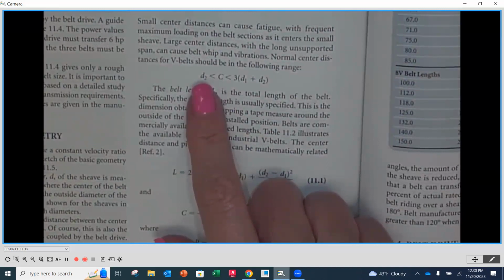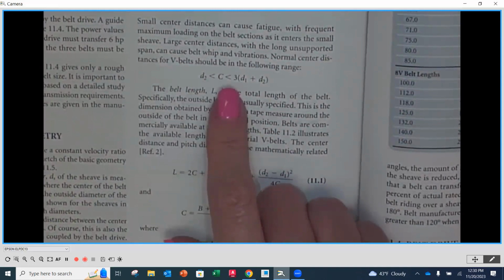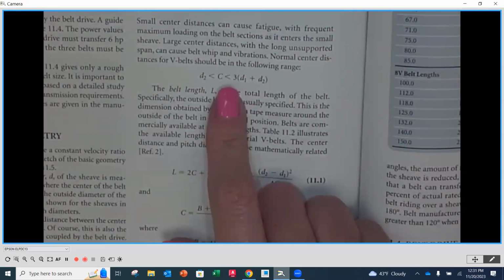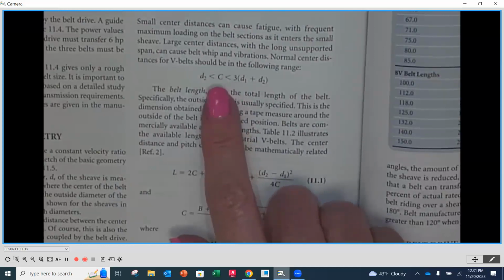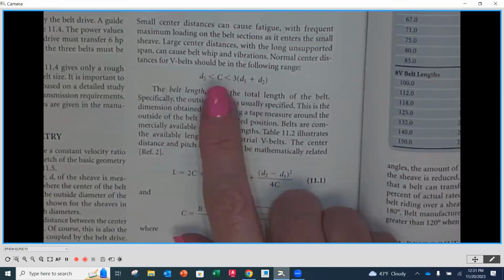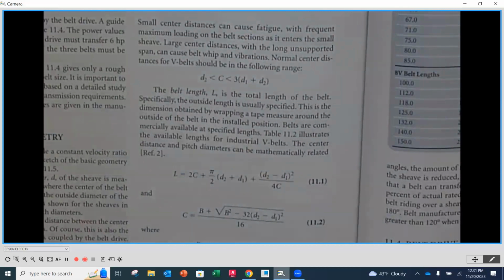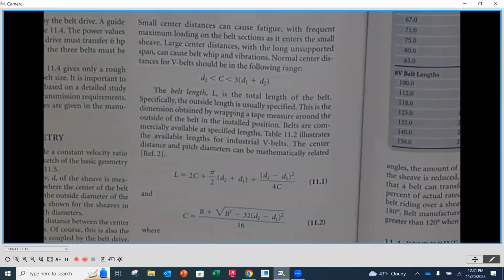So kind of between there, and 3 times whatever the pitch diameter of the driven and the driver together is going to be. Okay, so the center distance has to fall between those two numbers, and that's going to be a large range. But you just want to always check to make sure that it's in there, and that's part of the process that you're going to be looking at.